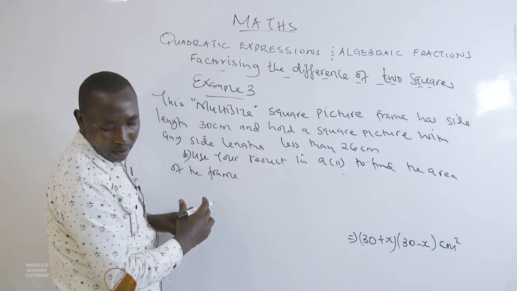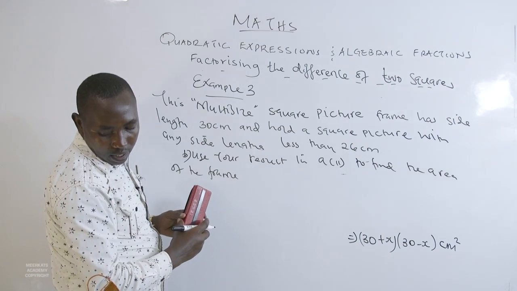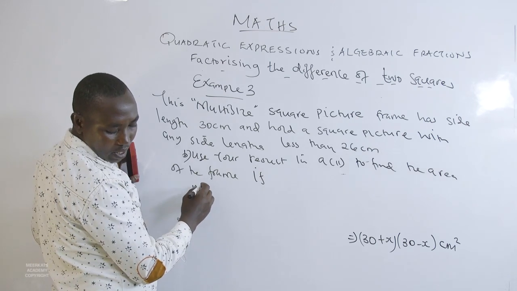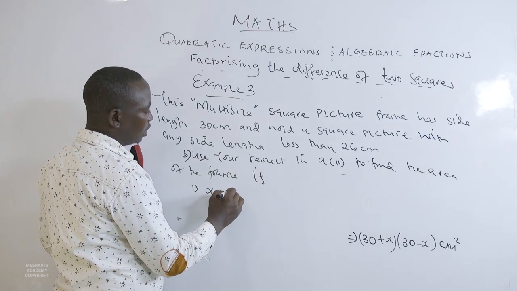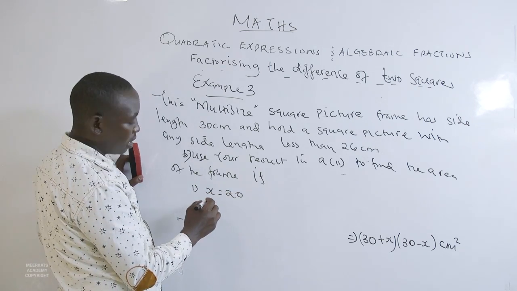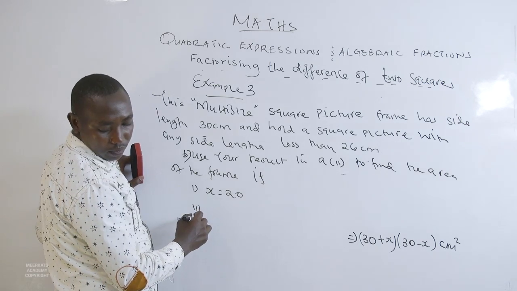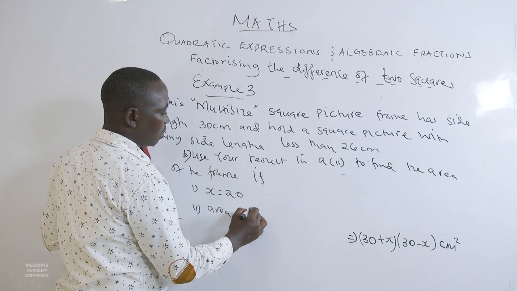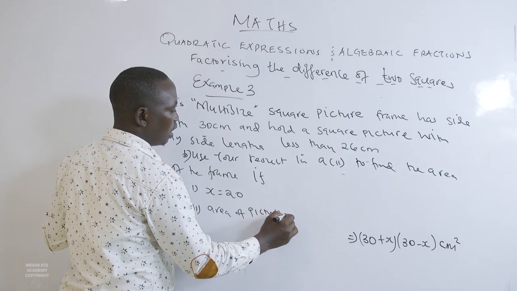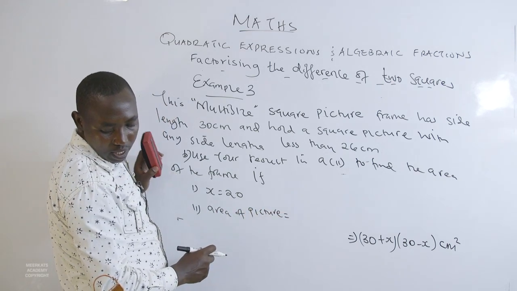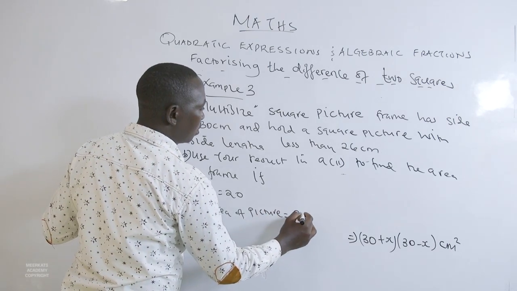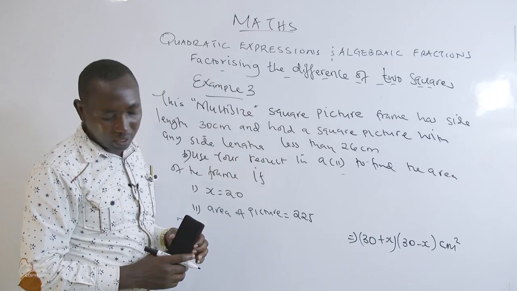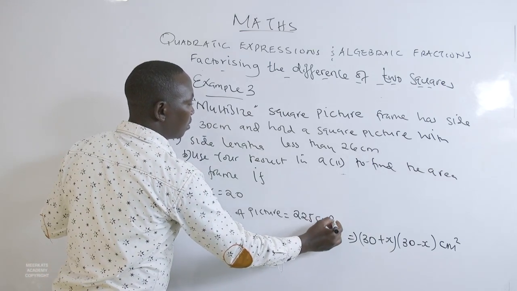Find the area of the frame if 1, x is equal to 20 units, and 2, area of picture is equal to 225 square centimeters.